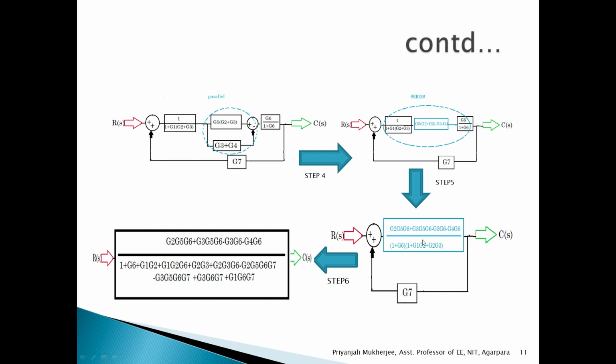So in the next step, that is step 5, we are multiplying all these three block transfer functions like this, and then G7 is used as the positive feedback. So we have applied this formula, forward path transfer function divided by 1 minus the forward path transfer function into the feedback, and then found the overall transfer function.